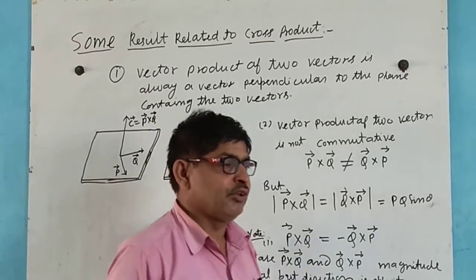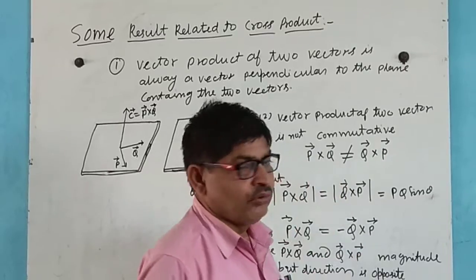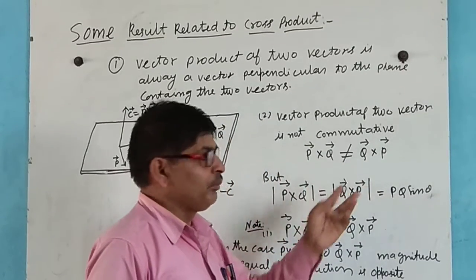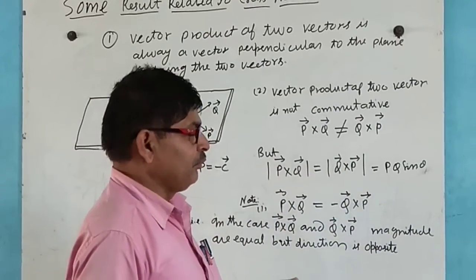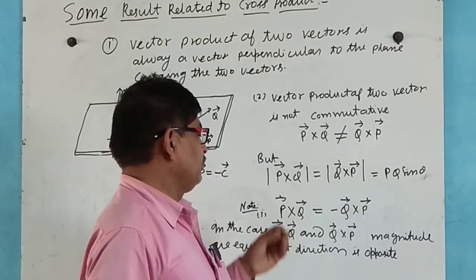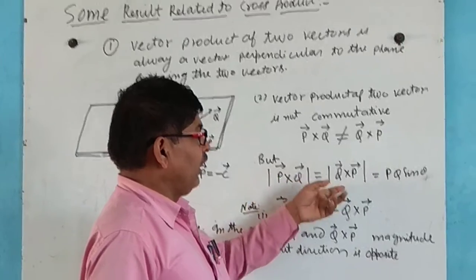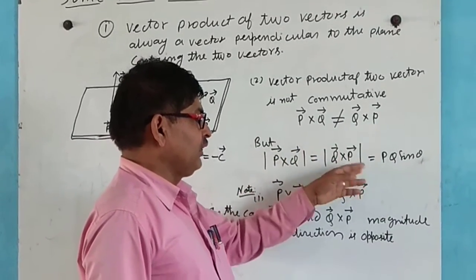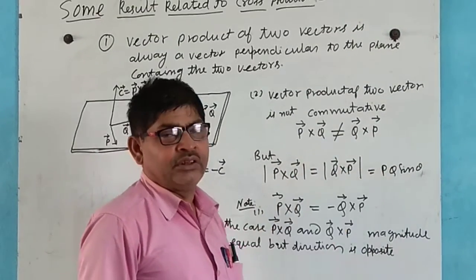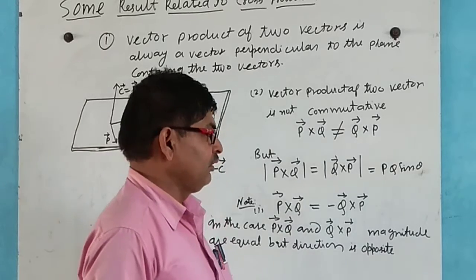It means that P cross Q does not equal Q cross P, but if you take the magnitude of P cross Q and Q cross P, that is also equal to PQ sin theta.